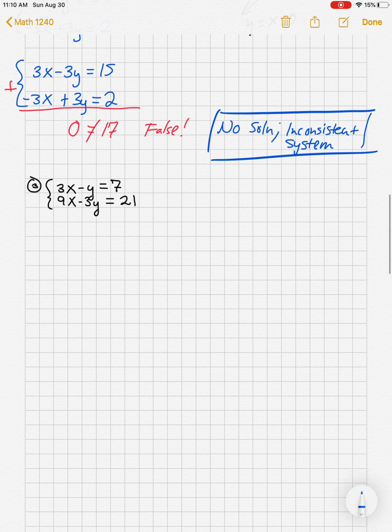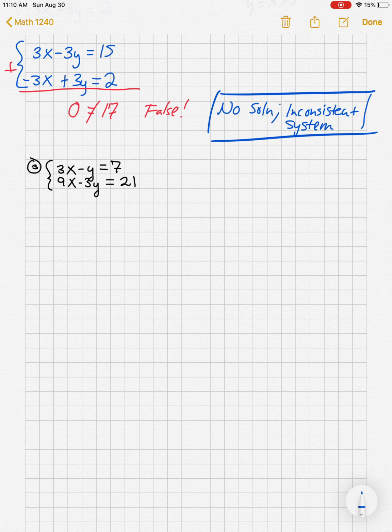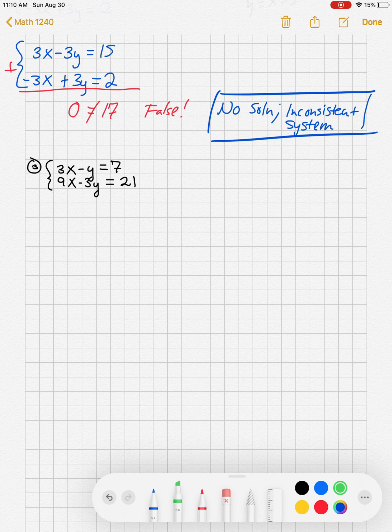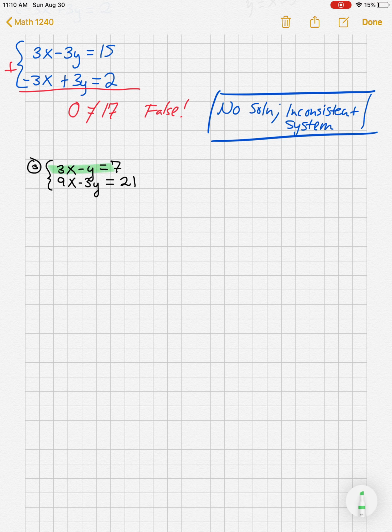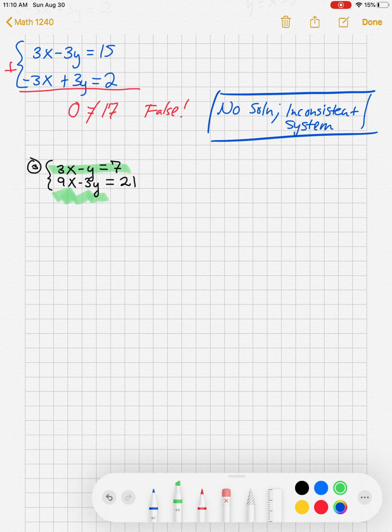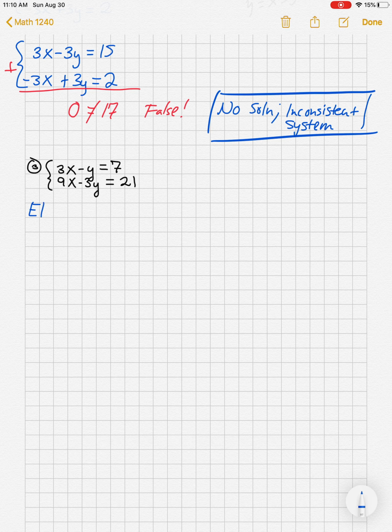So lots of options. Here's another one. With that one, when I'm looking at it, I notice I have similar coefficients. You see what I mean? If I were to multiply this top equation by -3, the coefficients are going to line up somehow. So that leads me to think I might try the elimination method for this one.